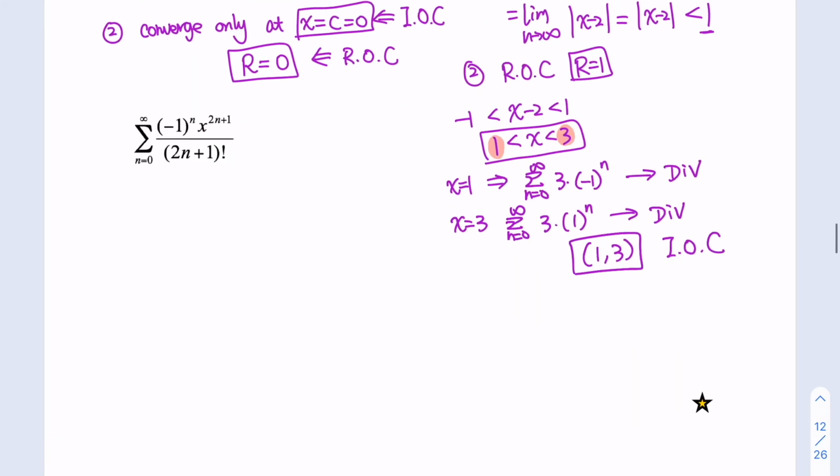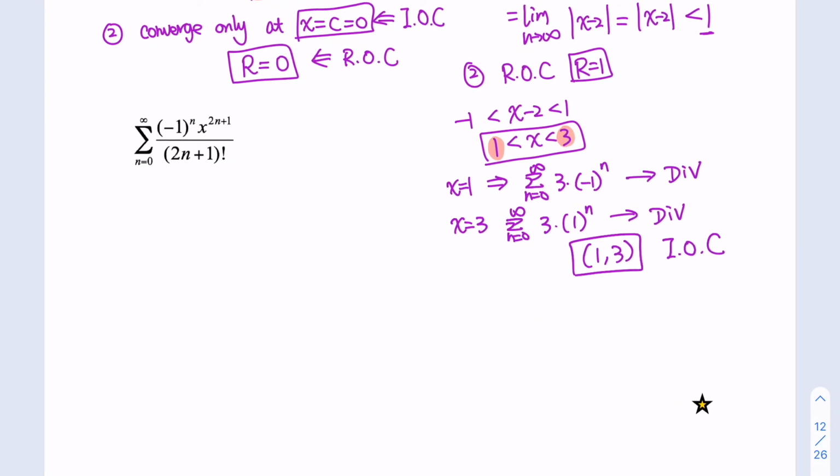Let's look at example 3. So first step, we have to take the limit as n goes to infinity of a_(n+1) divided by a_n. Be very, very careful here. For a_(n+1), we replace n with n plus 1.